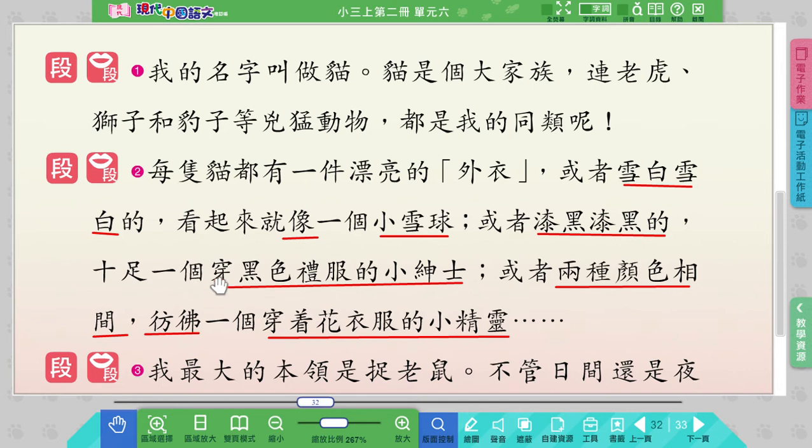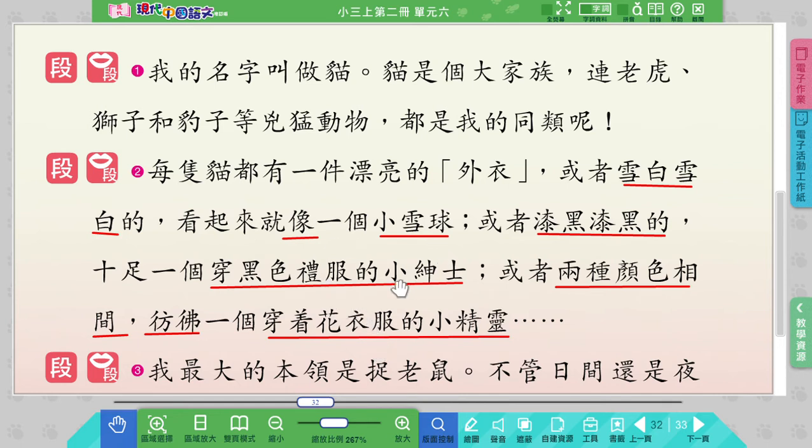It looks like what? A gentleman wearing a formal dress. 或者兩種顏色相間, both black and white colored cats. 彷彿, look like 一個穿着花衣服的小精靈, a small elf wearing clothes of different flower patterns.